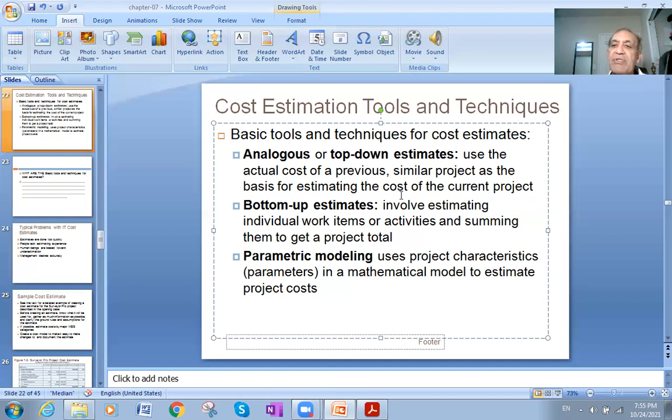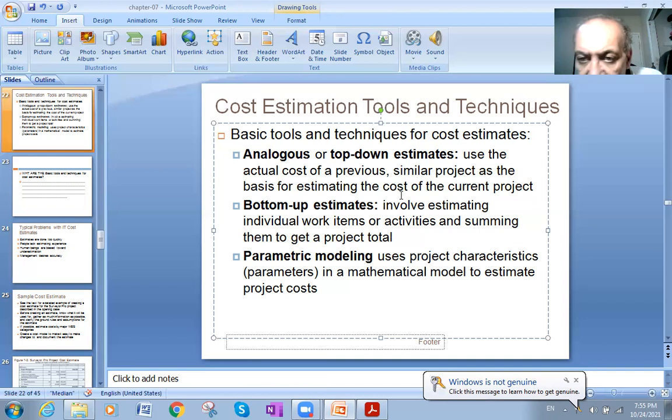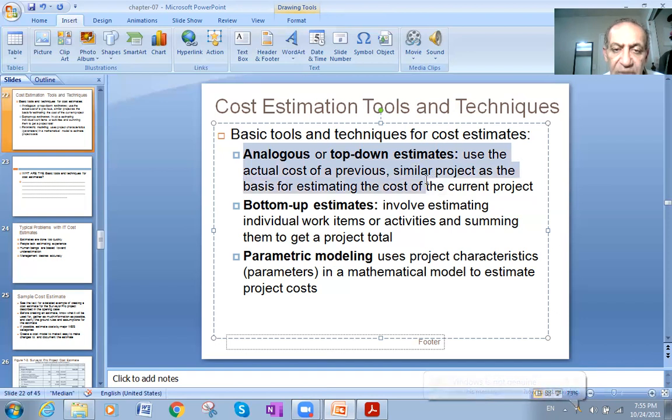Then I will use a similar construction project done at the same time, or slightly different before, so I can use the cost there to be similar to mine. So here, basic tools and techniques for cost estimates: analog or top-down estimates use the actual cost of a previous similar project as the basis to estimate the cost of the current project.